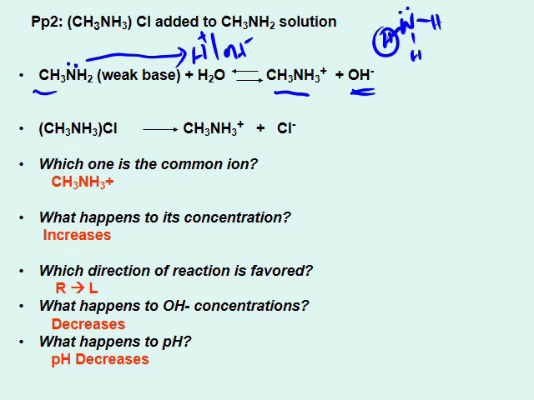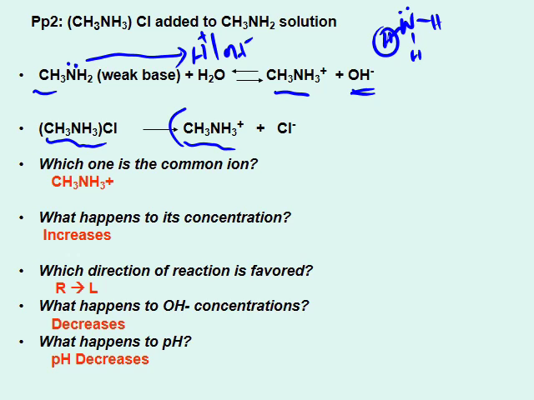If I use a second compound, which is CH3NH3Cl, again, most chlorides break down, not all chlorides, but most of them. And in this particular case, Cl minus is going to get separated from here.